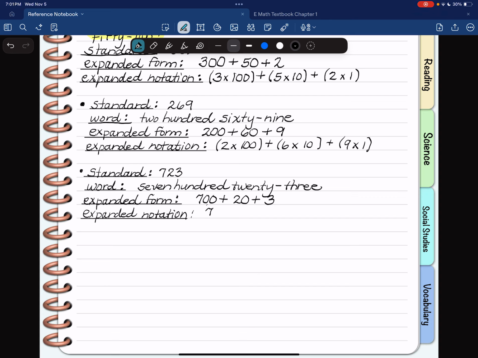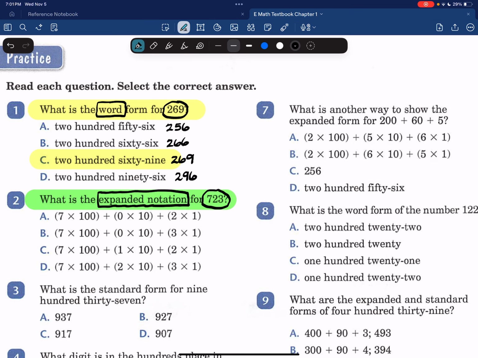You have 7 of those $100 bills and 2 of the $10 bills and 3 of the $1 bills. 723. Expanded form is what they're looking for. So I need 7 hundreds, 2 tens, and 3 ones. And that's going to be D as in Delta.